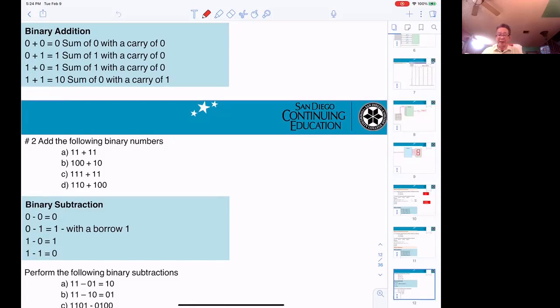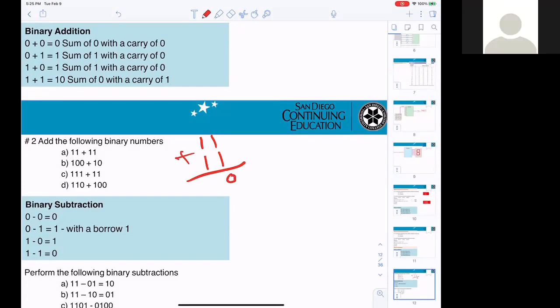Okay? So now we're adding 1 1 1 1 to 1 1 1 1, see what you get. Add it. 1 adding to 1 gives 0 and carry 1. Now, what does carry 1 mean?